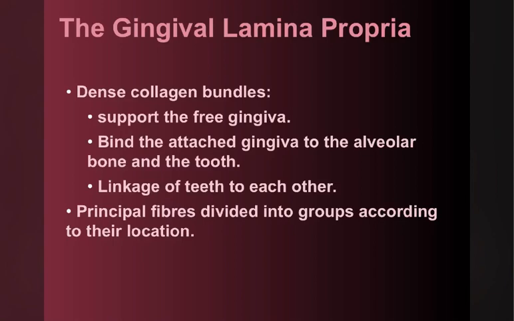The gingival lamina propria has dense collagen bundles which support the free gingiva, bind the attached gingiva to the alveolar bone and the tooth, and play a role in linking teeth to each other. The principal fibers in the lamina propria of the gingiva are divided into groups according to their location.